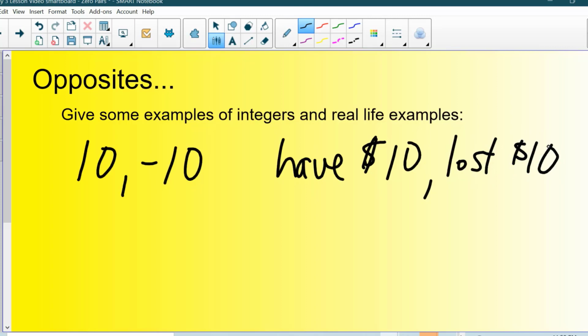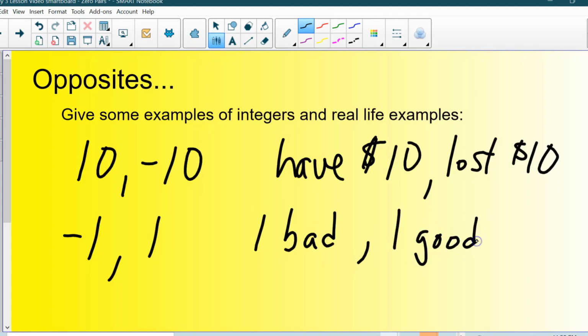Another opposite: what would be the opposite of -1, which is +1. And how could we represent that in a real life situation? Let's say I had one bad thing happen to me, right? And what would be the opposite of one bad thing happen? Right, one good thing happen. So again, just some examples of opposites.